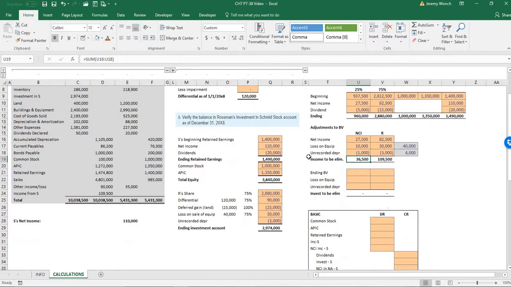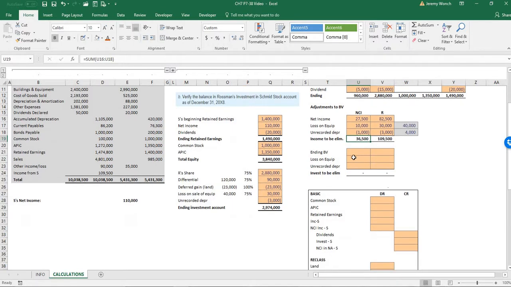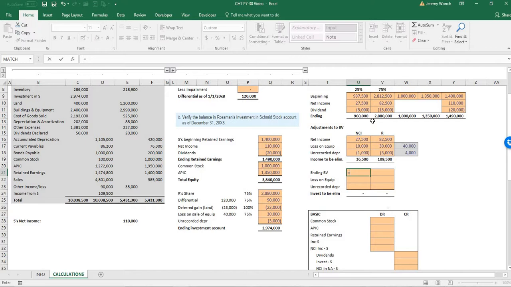Alright, so now we have the amount of income that we're going to drop down into our basic journal entry. So now we want to adjust the book value to know how much we need to reduce our investment account and the non-controlling interest by. So let's just carry those numbers down. And we're adjusting that by the same things.